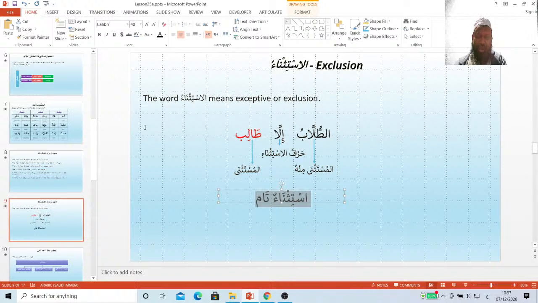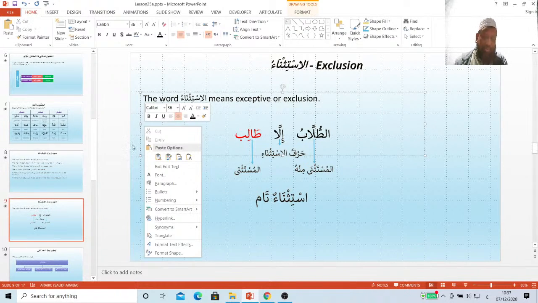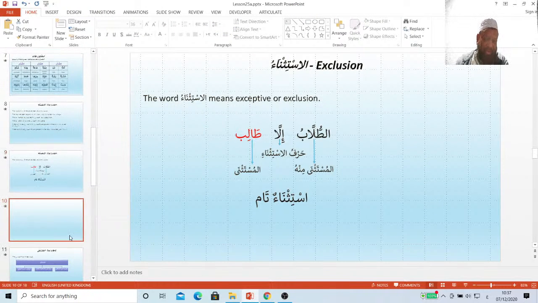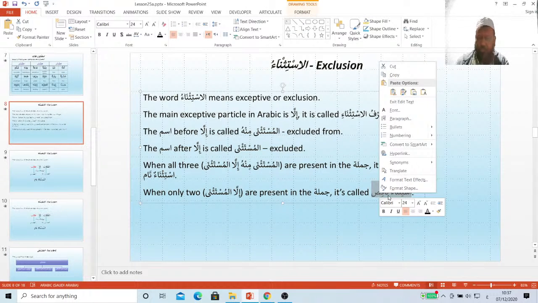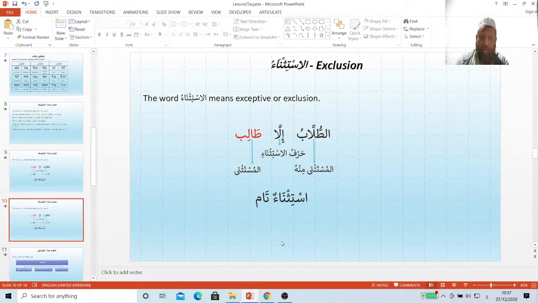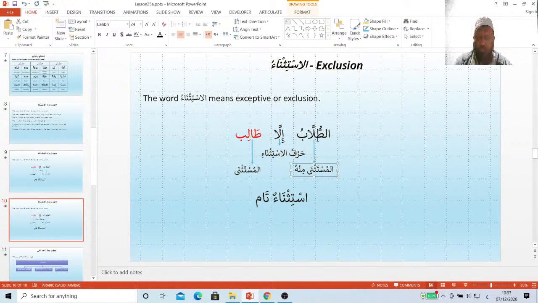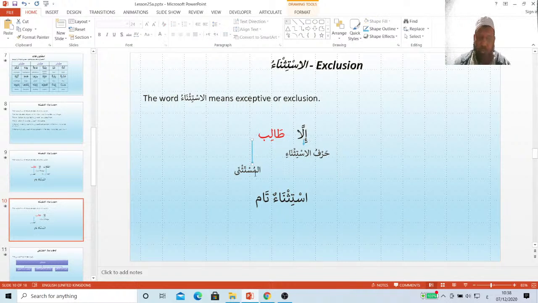This is called استثناء تام because all three are present. And if I just duplicate this and copy this one, and if I take this away and bring these two over here and paste that here.